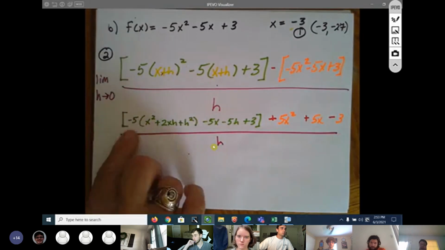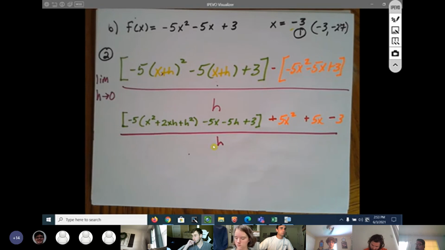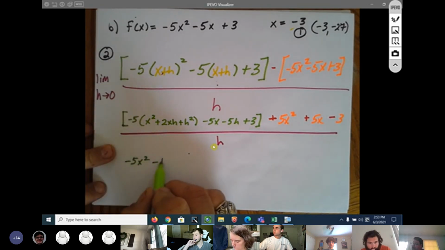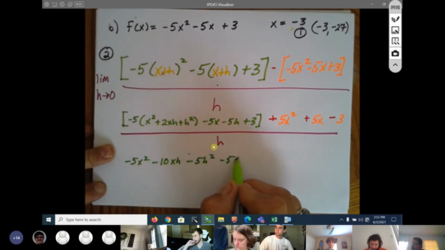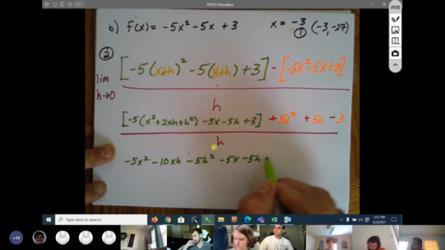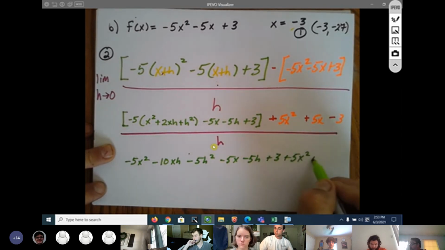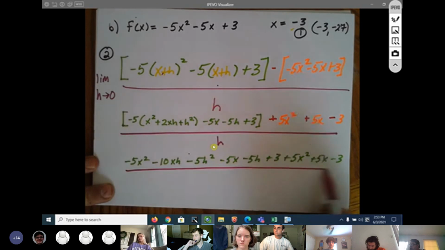Now I'm going to distribute this negative 5 with those 3 terms. And that's going to give me negative 5x squared minus 10xh minus 5h squared minus 5x minus 5h plus 3, plus 5x squared plus 5x minus 3, all over h.